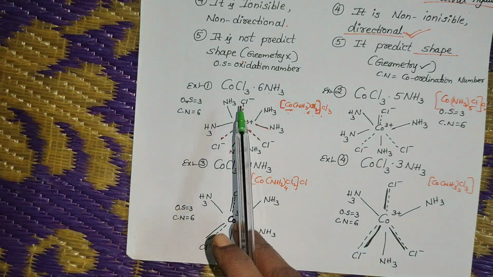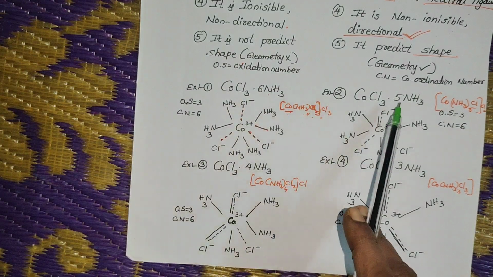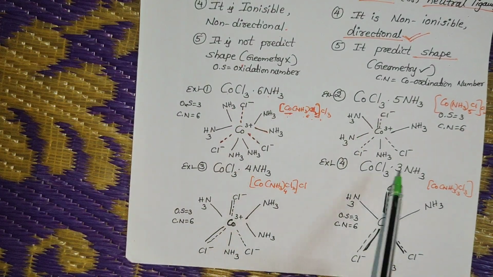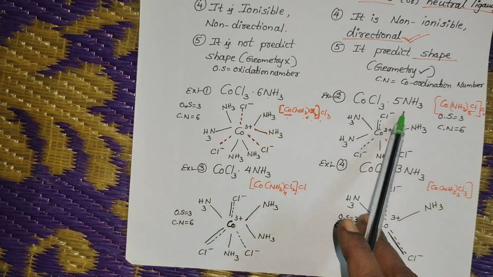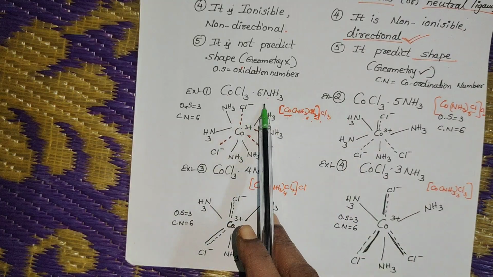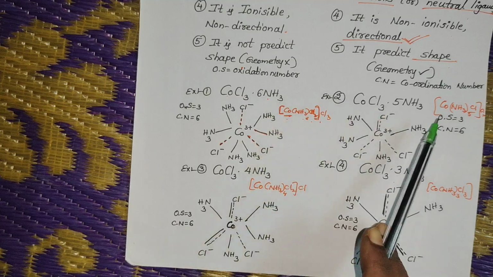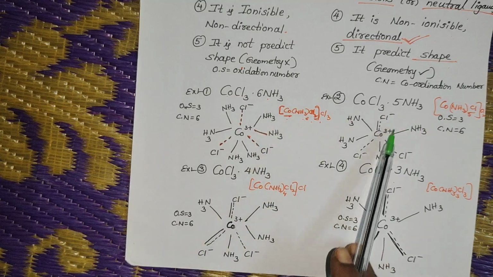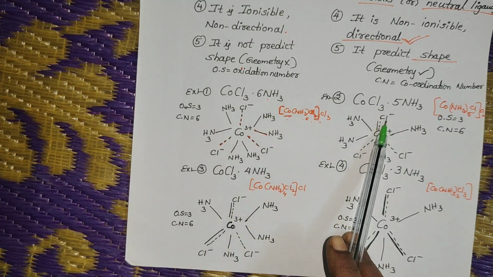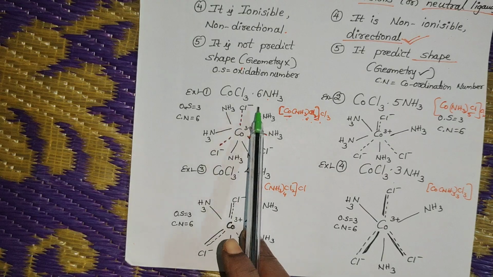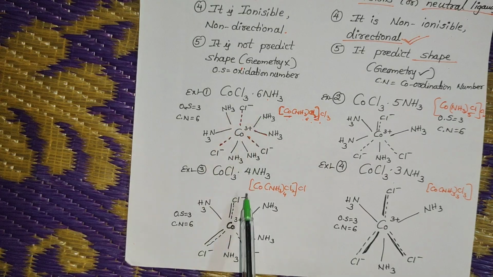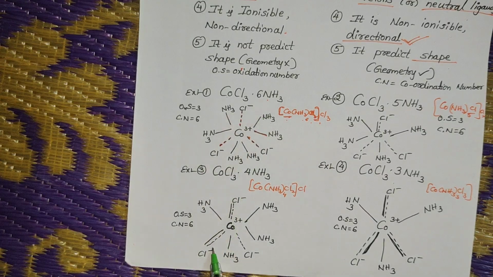Okay, so CoCl3·6NH3, 5NH3, 4NH3, 3NH3. Here is one structure. Here ammonias are 6, here 5, meaning 1 is decreased, that extra duty is taken by this chlorine. Here compared to the first one, 2 ammonias are decreased, meaning extra duty is taken by these 2 chlorines.